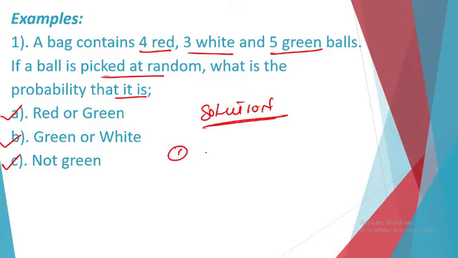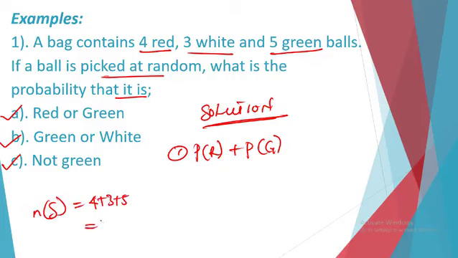For the first one, which is probability of red or green, it will be probability of red plus probability of green. And the total number of balls, which is our n(x), is equal to 4 plus 3 plus 5, which is equal to 12.